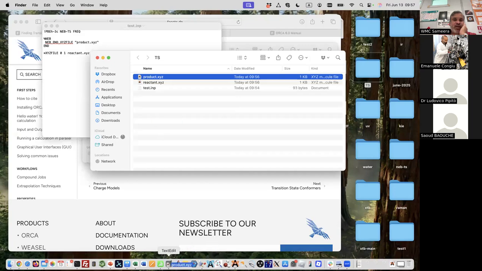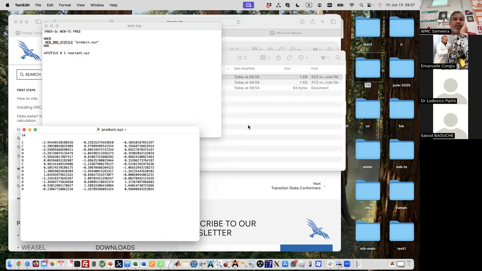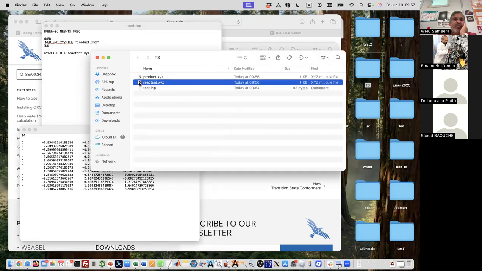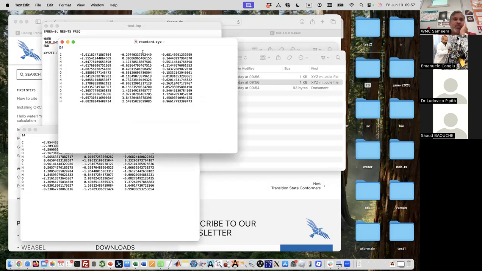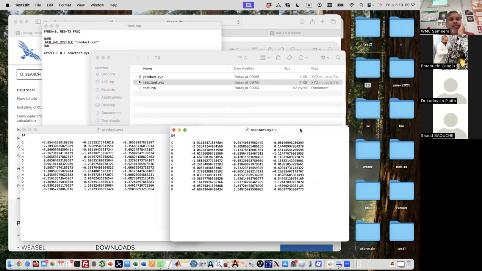One is the approximate product structure, and then you have the approximate reactant structure. So both structures must be given, and these two structures will be used during the calculation to try to connect the reaction path between the reactant and the product.